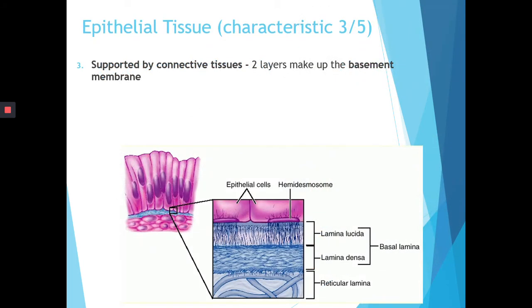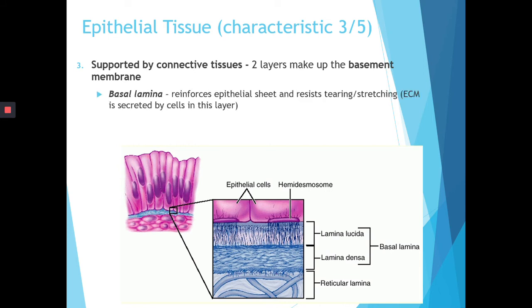In addition to the first two features, we also want to understand that epithelial tissue will typically be supported by connective tissue. And you have these two layers that make up the basement membrane. That basement membrane will typically be right underneath the basal surface of the cell, therefore supporting the cells that are resting on top. I almost think about it as like the dirt or the land that the house sits on, just being underneath, giving the cells something to rest upon.